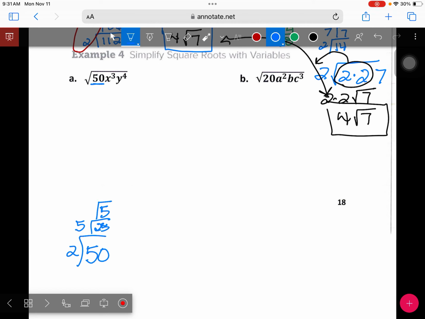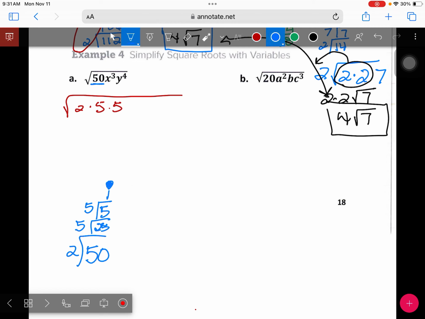And so I get 5 here divided by 5 is 1. So my prime factorization for this 50 is 2 times 5 times 5. All right, listen very carefully, everybody. Eyes up here, okay?